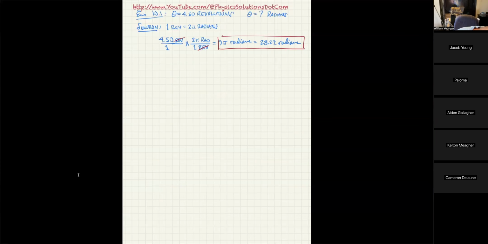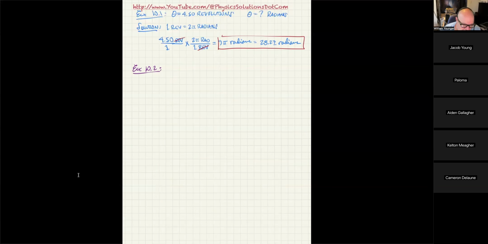Let's do example 10.2. This says birds of prey in radians. A particular bird's eye can just distinguish objects that subtend an angle no smaller than about 3 times 10 to the negative fourth. A, how many degrees is this?